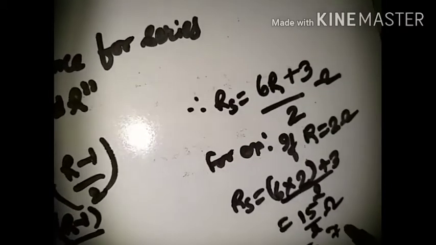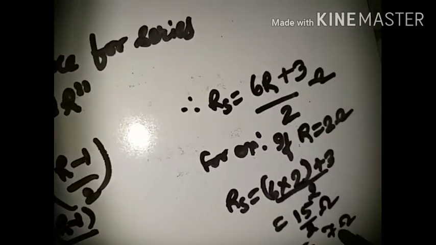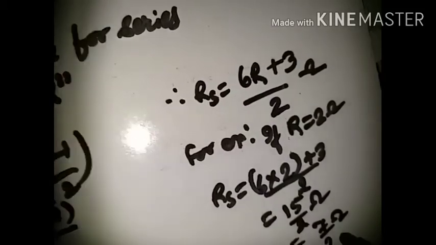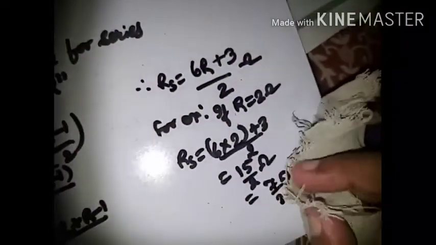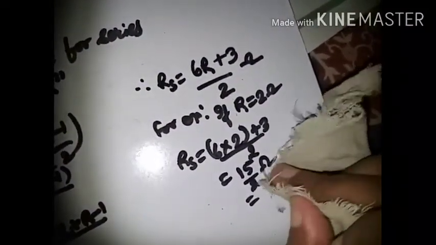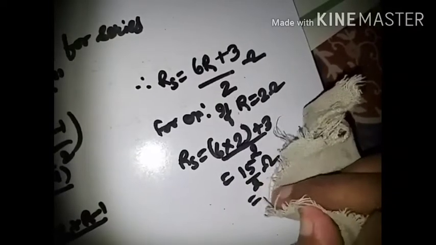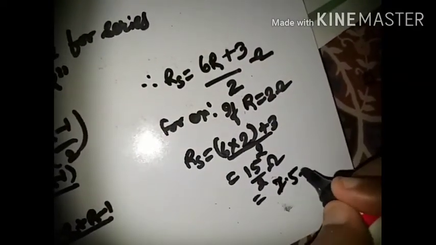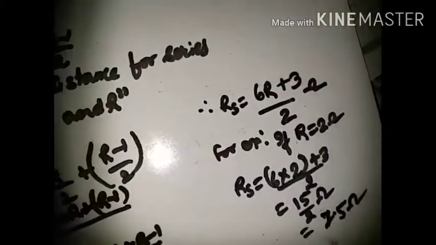So this will become 7.5. Sorry, let me just erase it for you. It is 7.5. 15 by 2 is 7.5 ohms. So now the equivalent resistance for R equal to 2 ohms is 7.5 ohms.